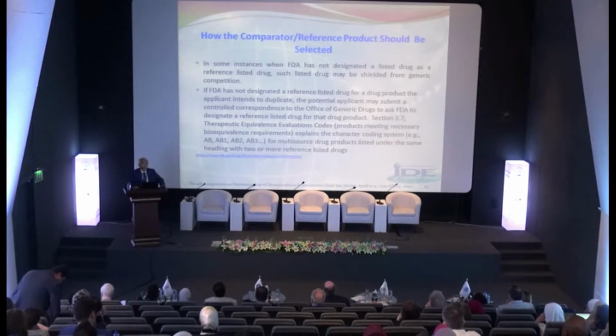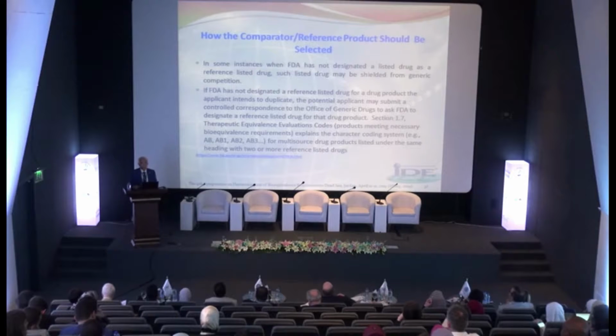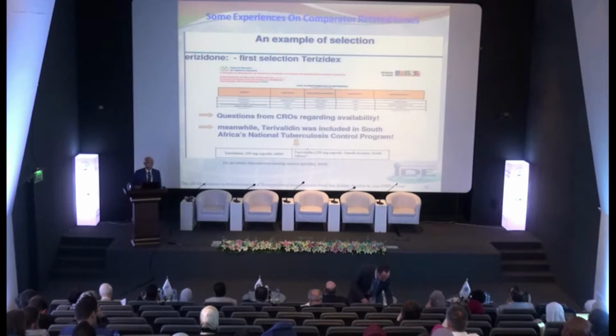If FDA has not designated a reference listed drug for a drug product the applicant intends to duplicate, the potential applicant may submit a control correspondence to the Office of Generic Drugs to ask FDA to designate a reference listed drug for that drug product. And there is detailed information on the FDA page.